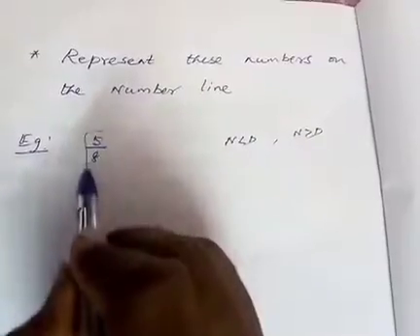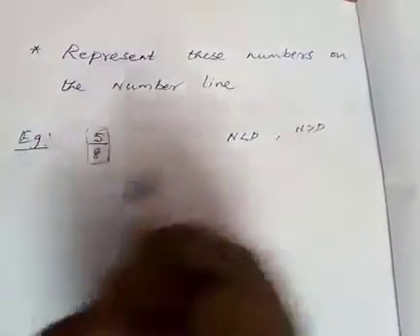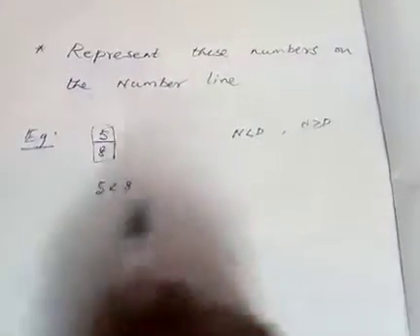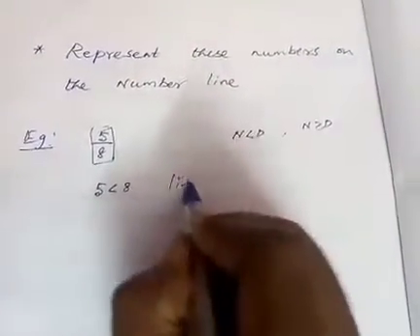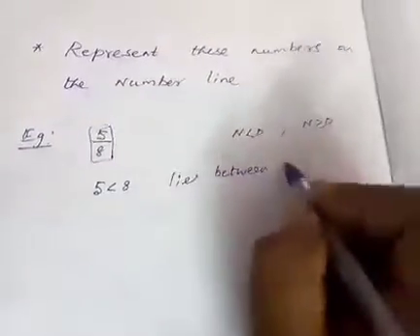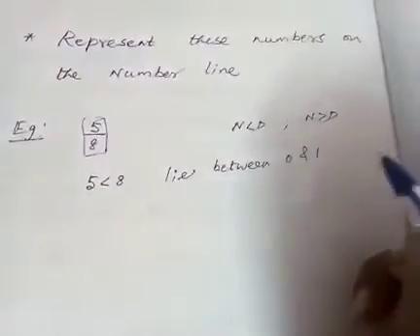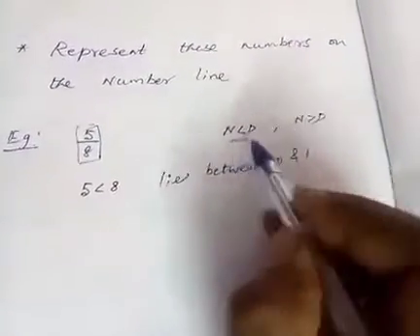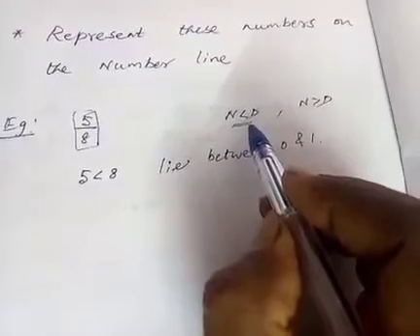Now 5 divided by 8 has numerator less than denominator, so this rational number lies between 0 and 1.